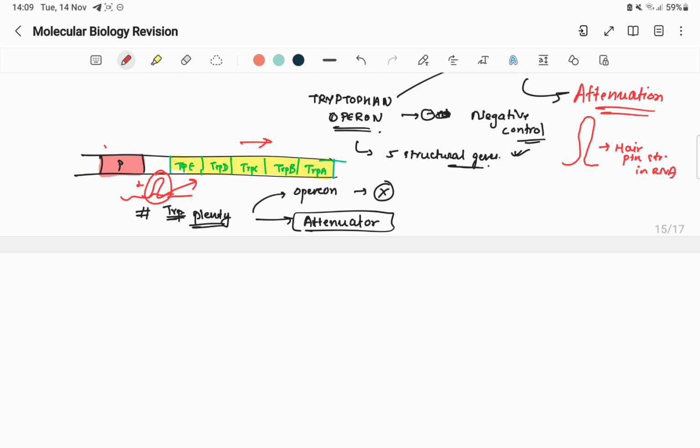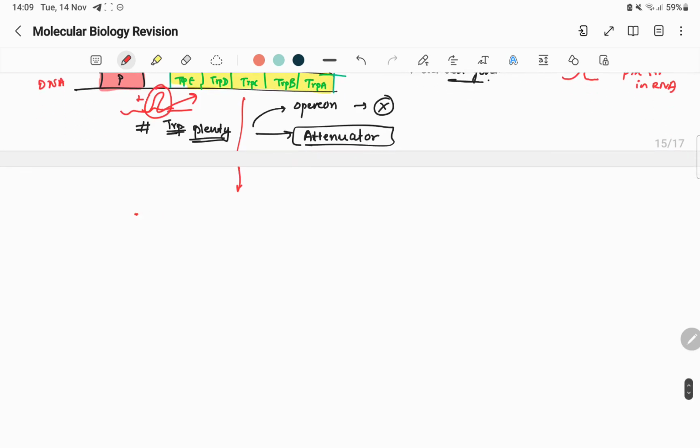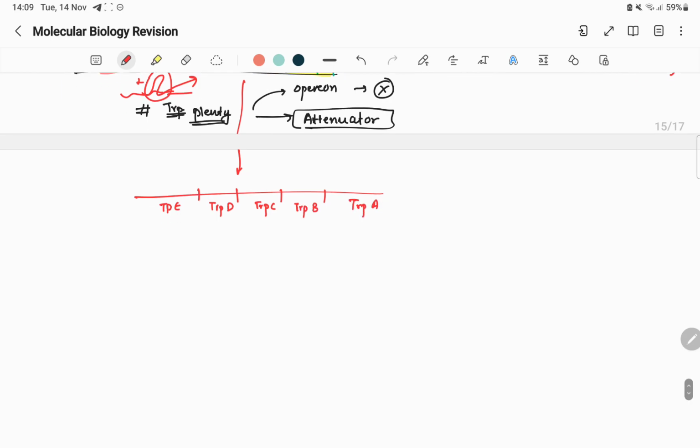In the tryptophan mRNA, from the DNA strand, there must be the mRNA for trpE, trpD, trpC, trpB, and trpA.